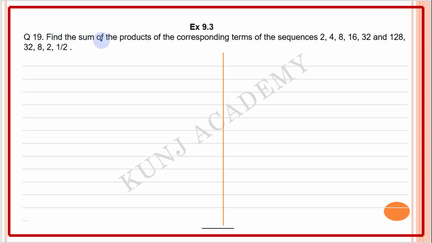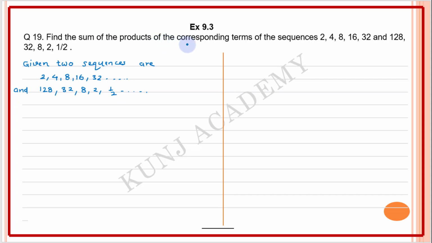Question. Find the sum of the products of the corresponding terms of the sequence 2, 4, 8, 16, 32 and 128, 32, 8, 2, 1/2. इन दो सीक्वेंस के गुणनफल का योगफल हमें ज्ञात करना है। Given two sequences are 2, 4, 8, 16, 32 and 128, 32, 8, 2, 1/2.